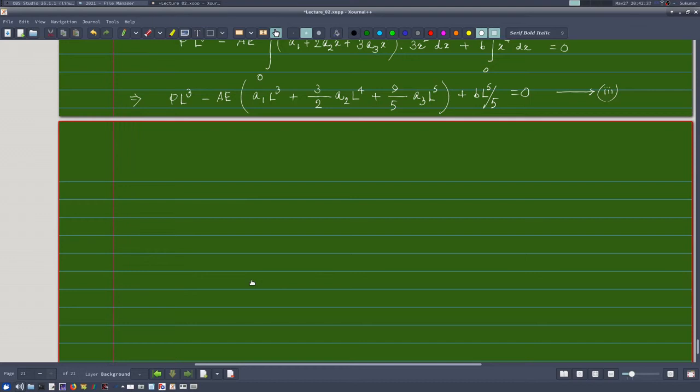So let me write just a summary; you can solve these equations yourself.